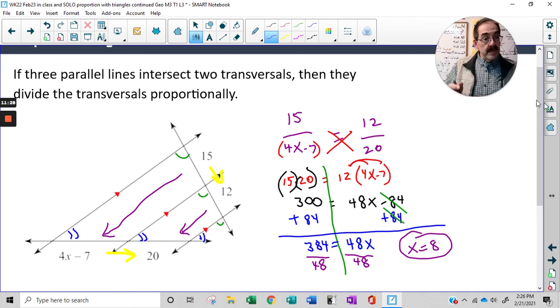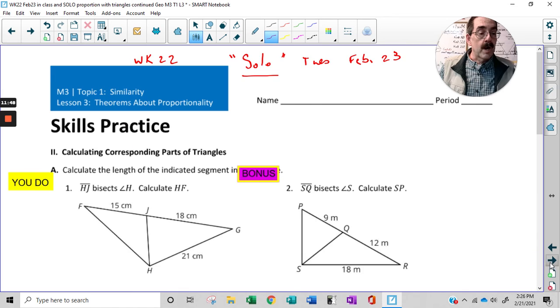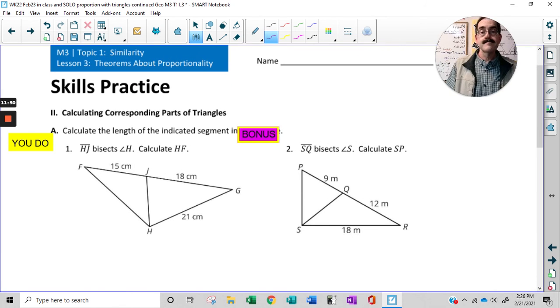Here's a bonus problem. How could we do this one? If this is x, this would be 10 minus x? This one's kind of drawn off kilter a little bit, so we'll go x, 10 minus x. And here's another one. Could you go this way?